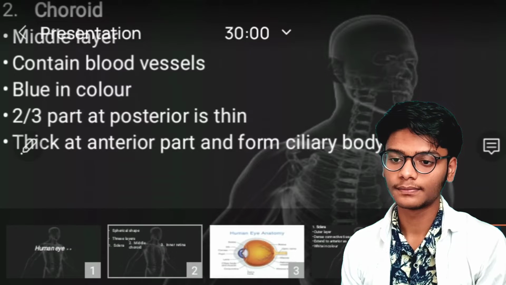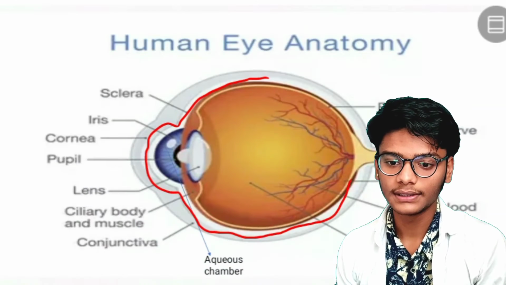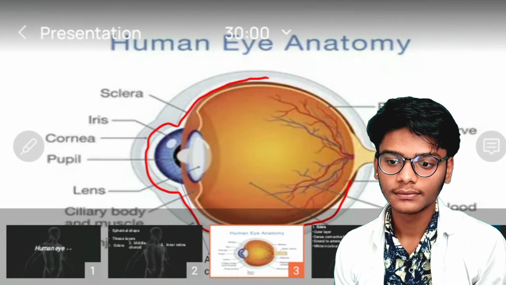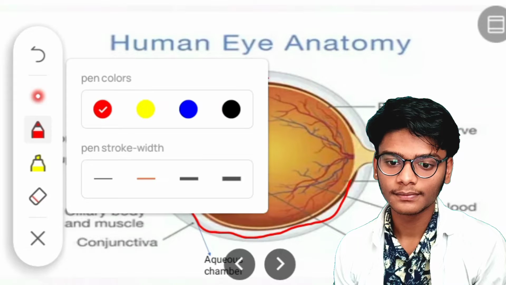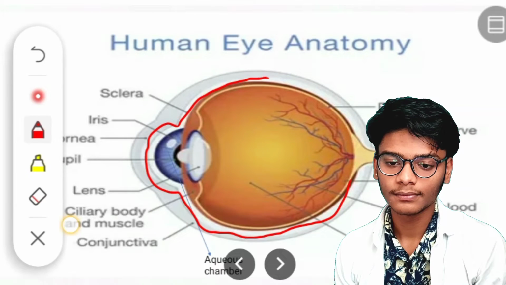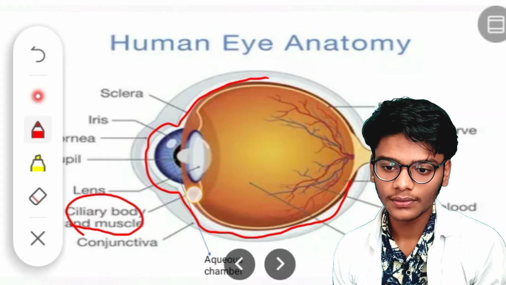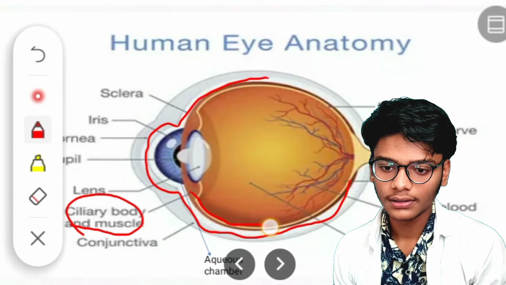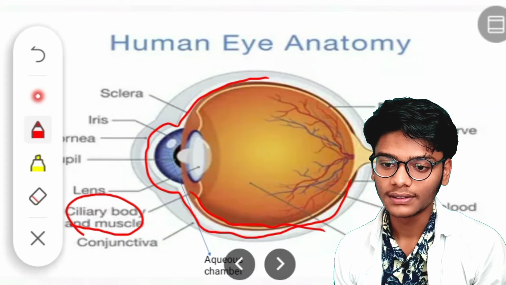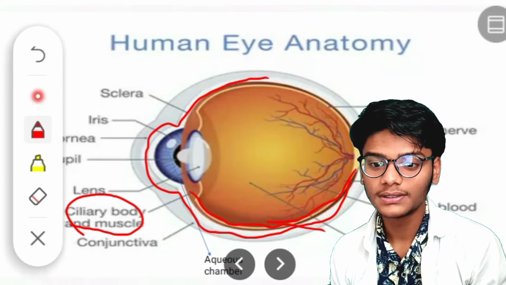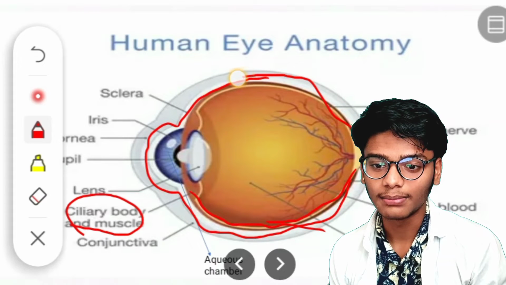As you can see here, the ciliary body. This part is the choroid, the middle layer. See how thin the layer is at the back side.